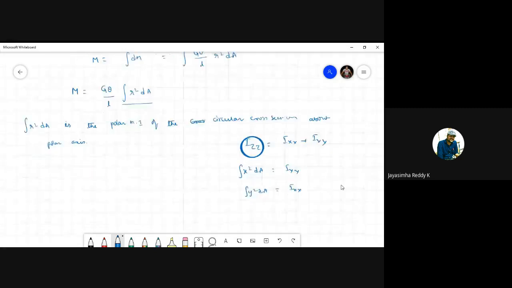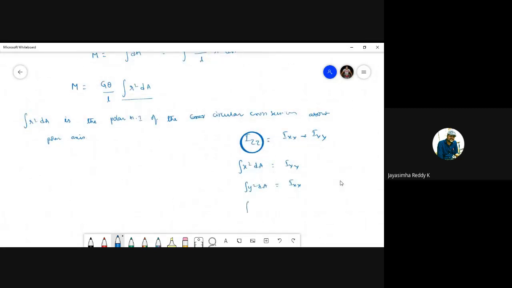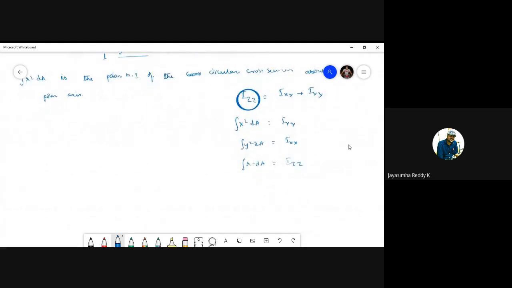So we have seen this, students. I don't know how many of you remember this. Integral of r square dA is equal to Izz. We have seen all these things in our first year, and Ixx is pi d power 4 by 64 for circular cross sections, plus Iyy is also pi d power 4 by 64.